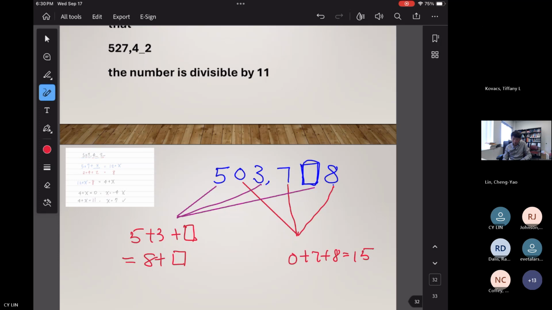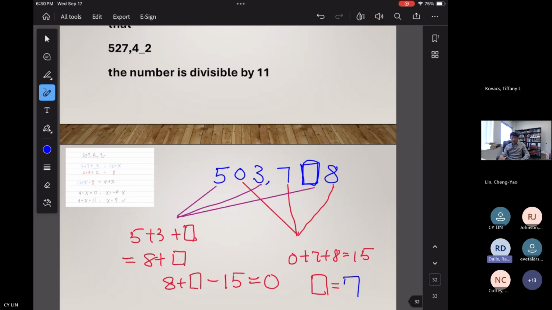So 8 plus a box, subtract 15, is equal to 0. Therefore, the box has to be the digit 7. If I fill in 7, it solves this problem. Does that make sense to you?